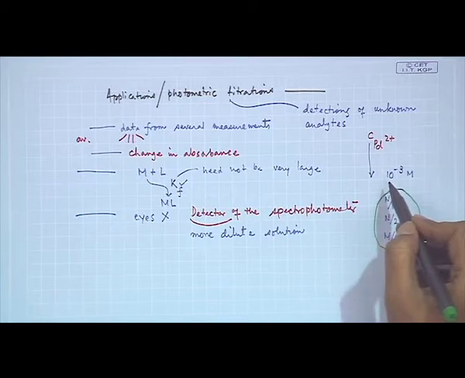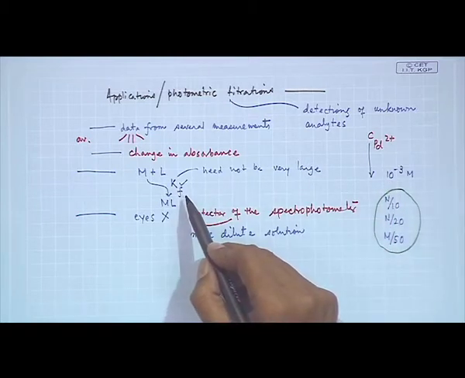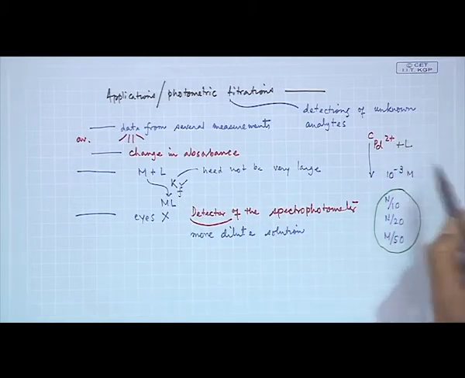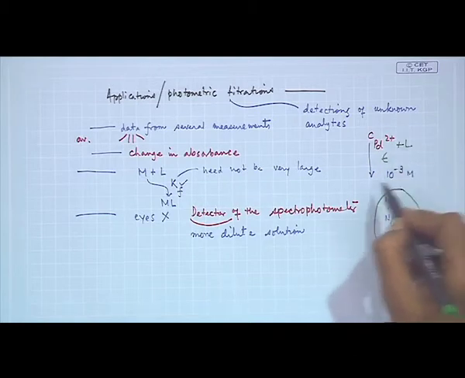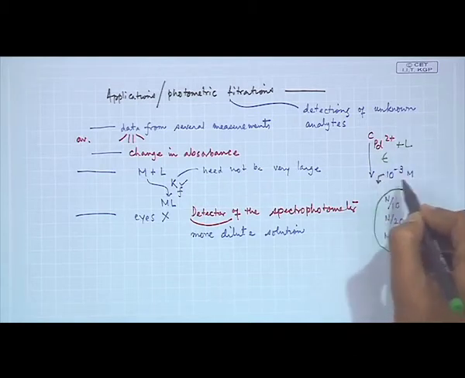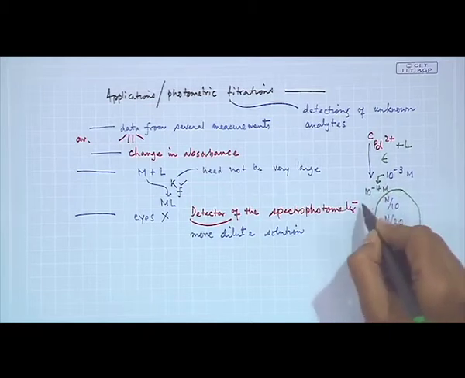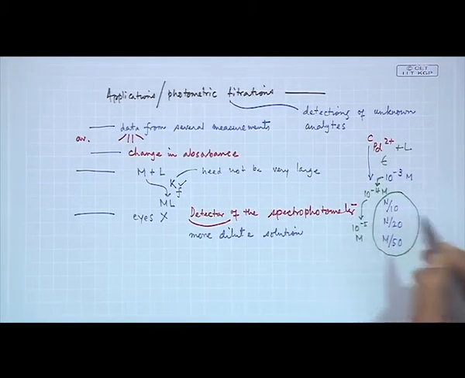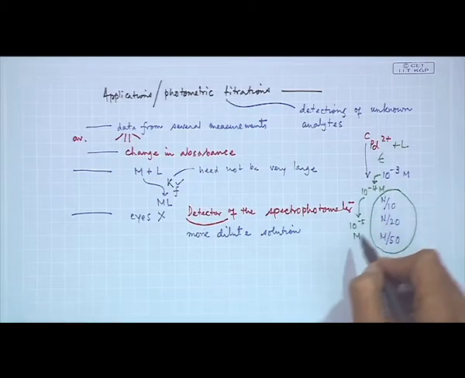But in this case, Kf is not required to be very large, and depending upon these absorbance values, which are several thousands, we can go down not just to 10 to the power minus 3 molar, but to 10 to the power minus 4 or even 10 to the power minus 5 molar, which is the most conventional working range of concentration for fluorometric methods of analysis.